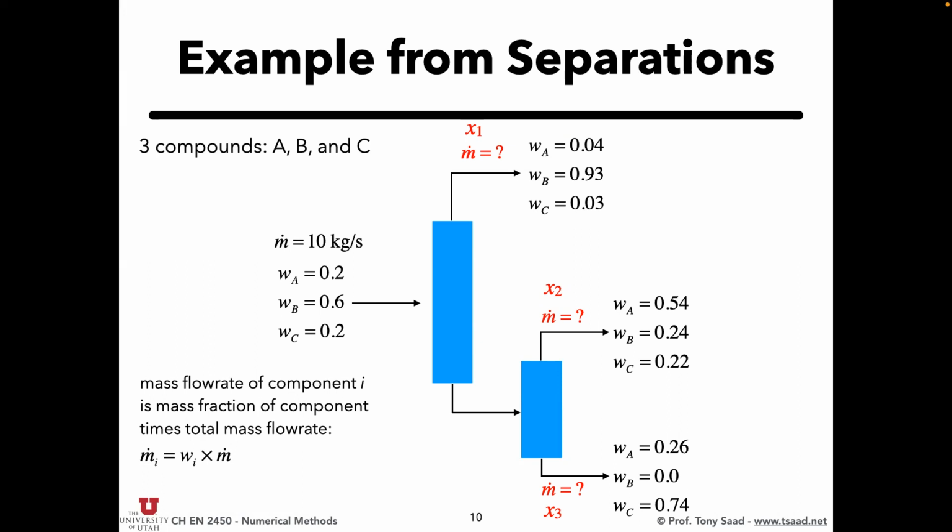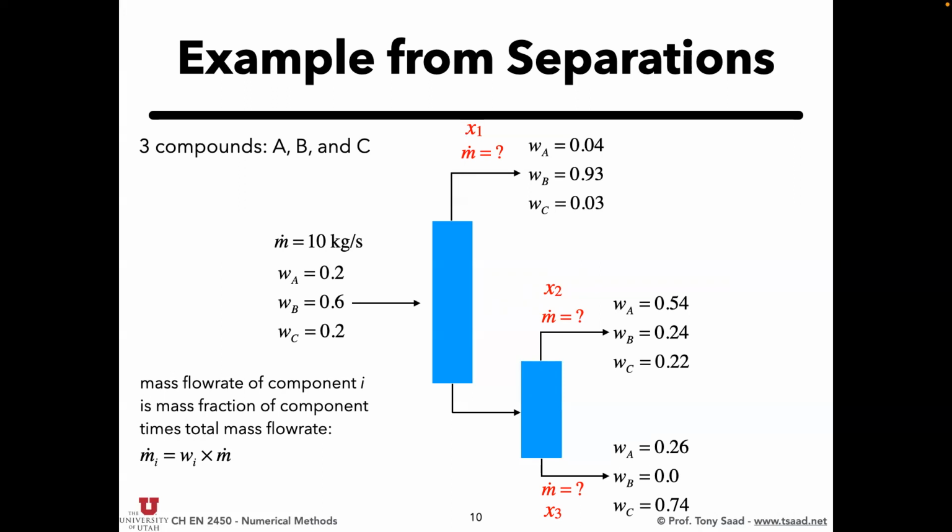They're coming in at a mass flow rate of 10 kilograms per second. And what these WA, WB, WC are, they are essentially the mass fractions of the incoming stream. So what this is saying is that 20% of these 10 kilograms per second correspond to compound A, 60% correspond to compound B, and 20% correspond to compound C. Okay?